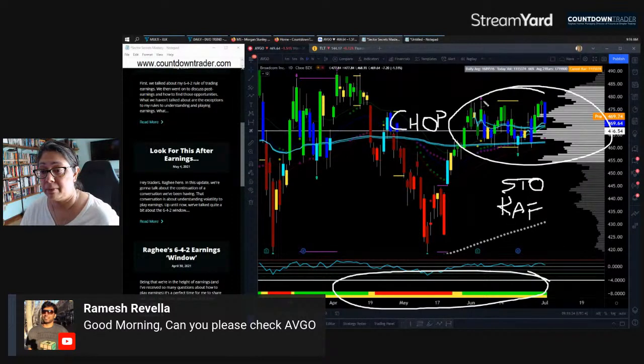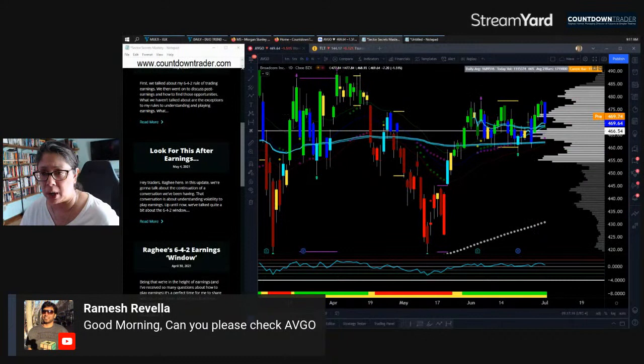I would use the Darvis to recognize the resistance and the support of the range. I would cut the range in half, or even, look, I'm not saying this is fib work, but pull a fib and know where the 50% is, know where the 382 is, know where the 618 is within the range, and build a position from as low within the range.